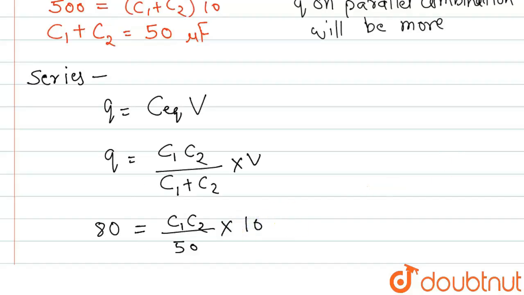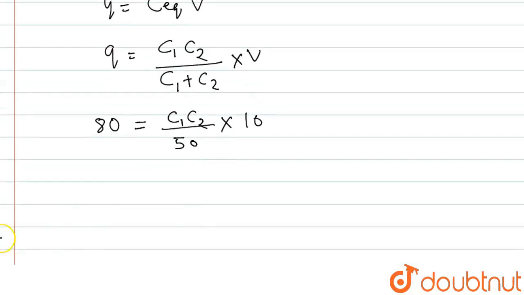So from this equation we can find out C1 into C2, which is 400 microfarad.